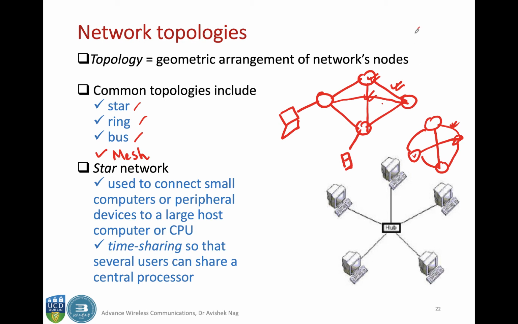For example, let's say we have 4 nodes. If you connect them in the form of a square, then it still is a ring topology. But then you can make it a fully connected mesh by connecting from one node to all possible other nodes. Let's consider this example: each node here can connect to 3 other nodes.